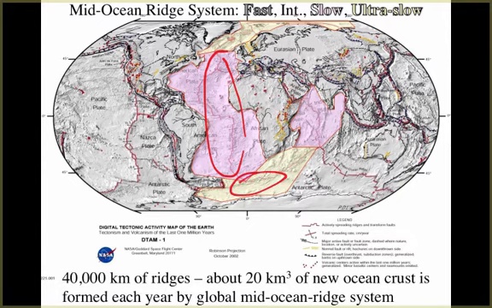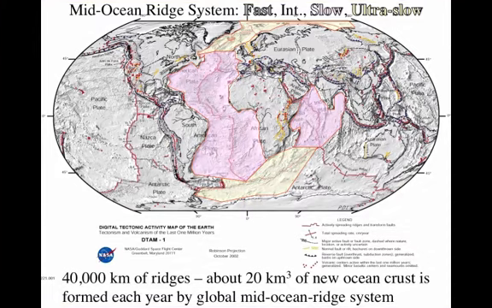Beyond that, in yellow, even ultra slow. Others, like the East Pacific Rise, are fast spreading centers. There are about 40,000 kilometers of ridges globally, and around 20 cubic kilometers of new oceanic crust is created each year by this mid-ocean ridge system.